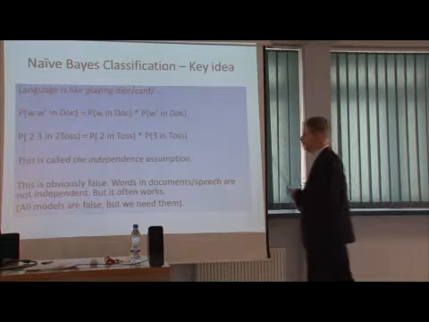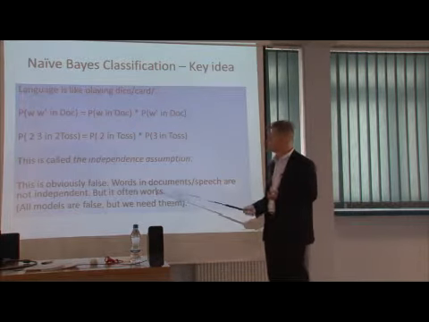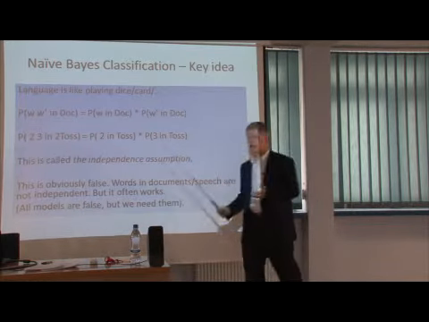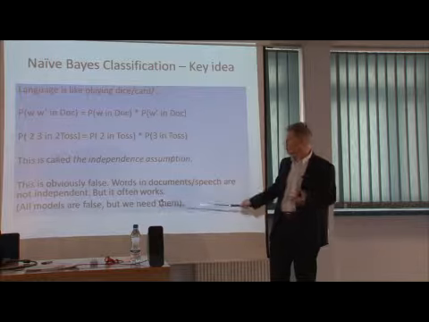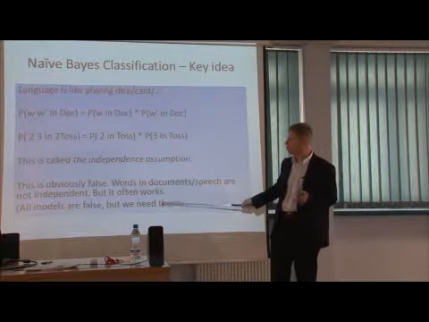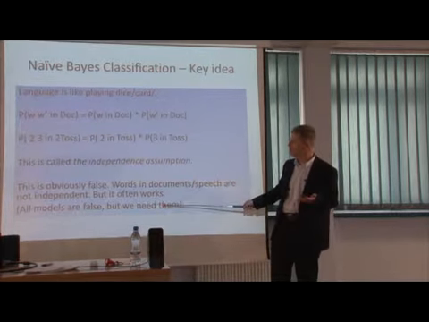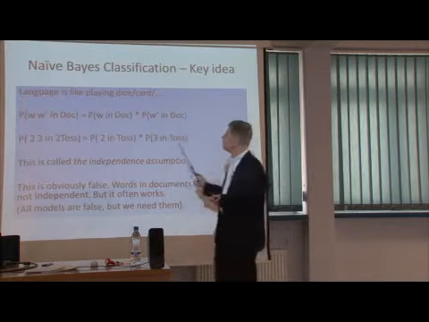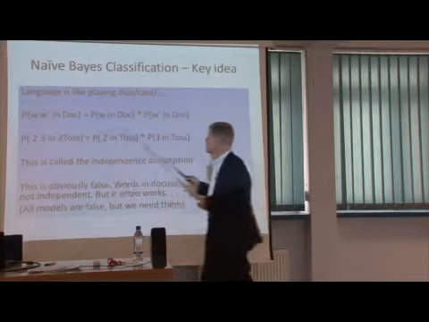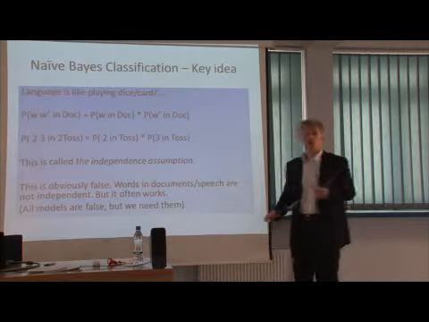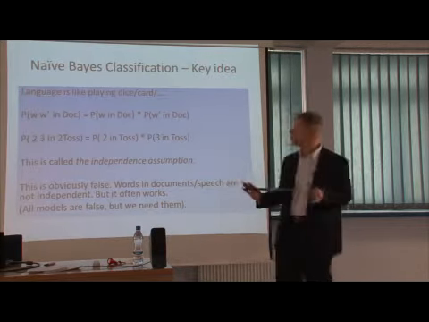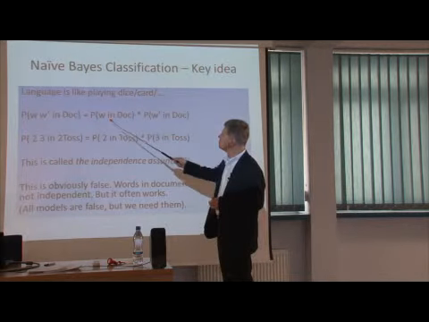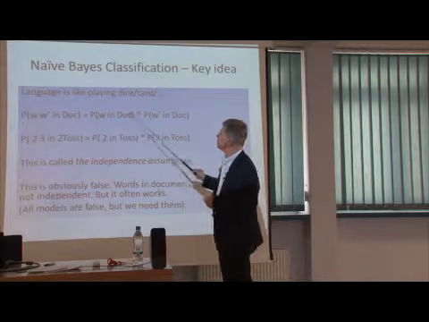That is obviously false, but it often works. All models are false at some level, but we need them to do the modeling. No model is perfect. So we are assuming here a very imperfect model of language, but given enough data, it turns out that this model works reasonably well. So again, what we need to remember is that this is the naive part.